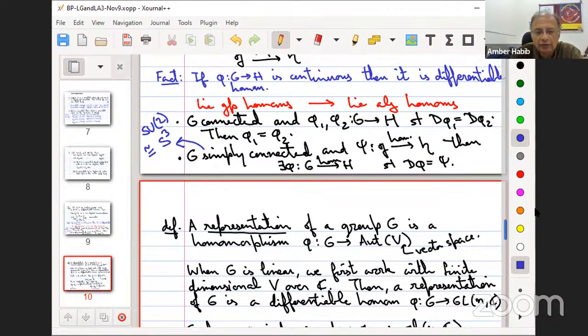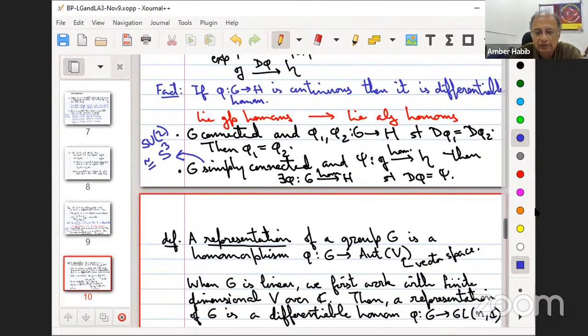So what's the representation of a group? Right now, any group. What is the word in just group theory without any other intrusion of topology or calculus or linear algebra? What is a representation? It's a homomorphism from the group to the invertible linear maps on some vector space. And then usually you would start putting some restrictions.